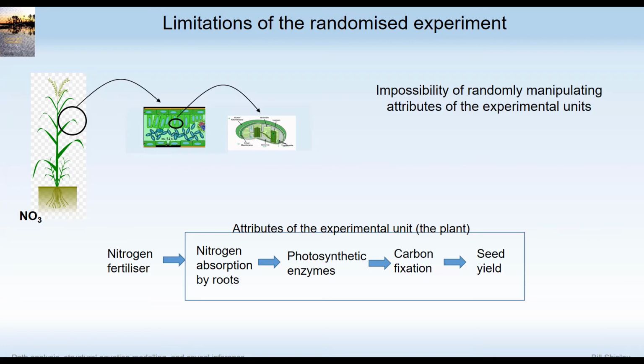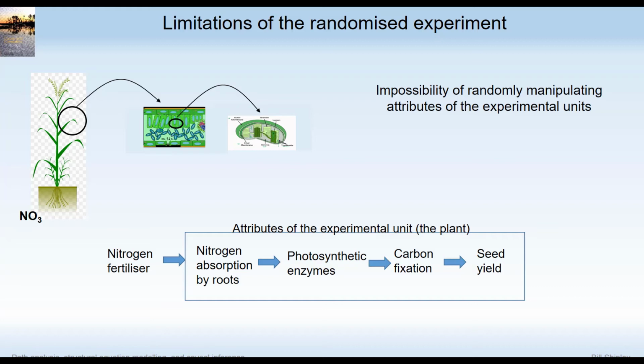But we can't do that sort of an experiment. You can't randomly add or subtract photosynthetic enzymes to a leaf without simultaneously changing everything else. Now notice that when we added the fertilizer, we could certainly see whether the fertilizer increases photosynthetic enzymes. We could certainly see whether the nitrogen fertilizer increases the amount of carbon fixation.